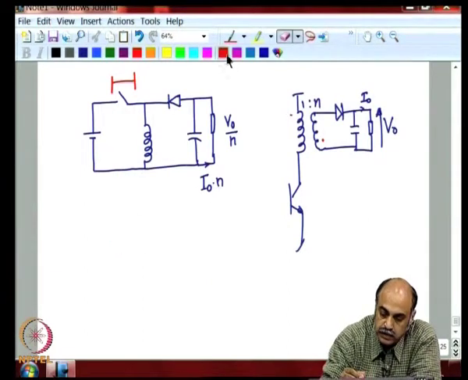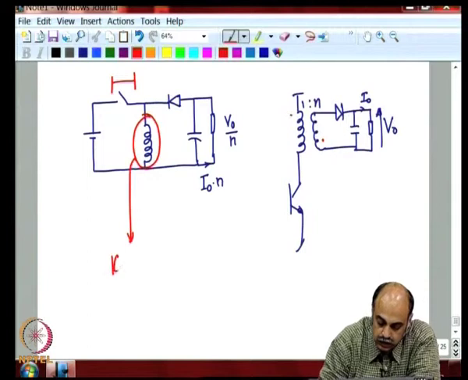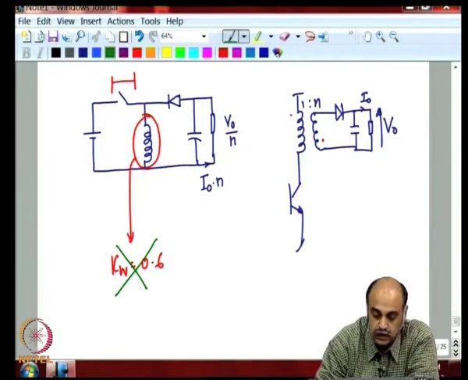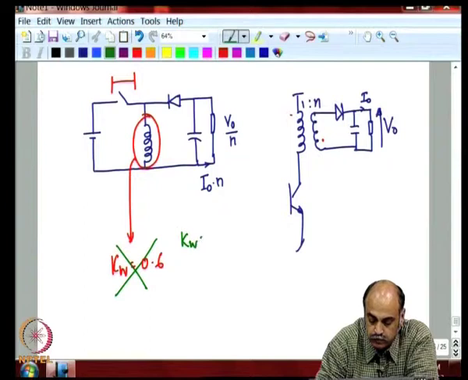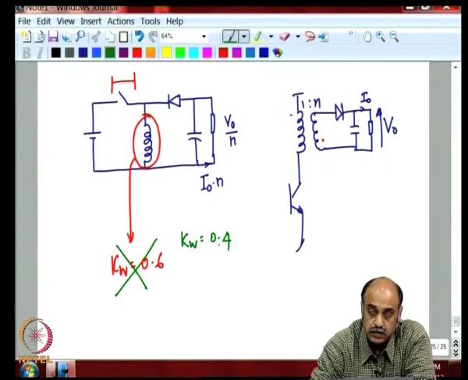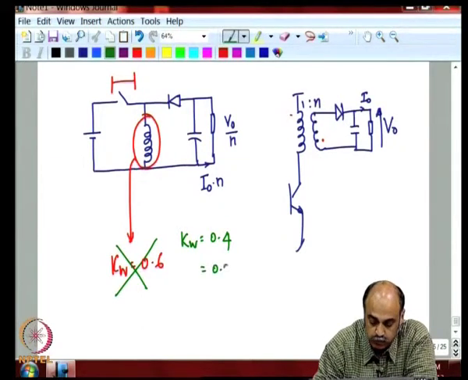So, when you design this inductance, now do not take a K factor of Kw of 0.6, take Kw of 0.4. If it is still many more windings, even 0.3.